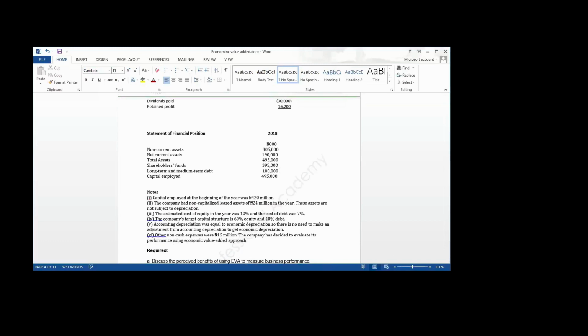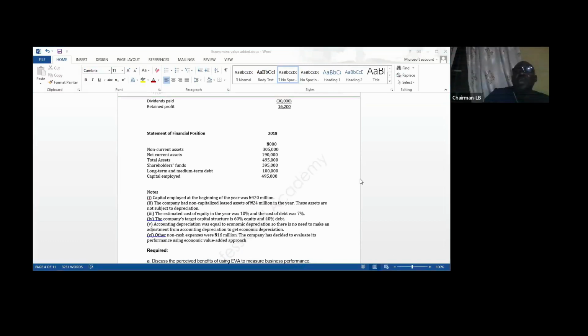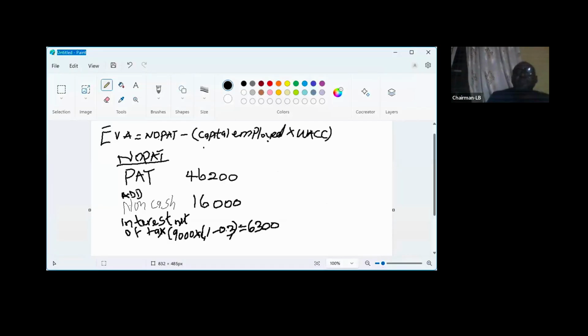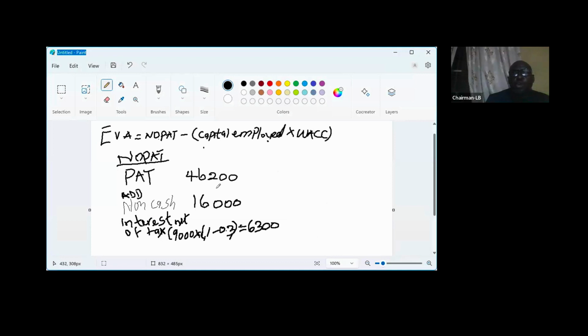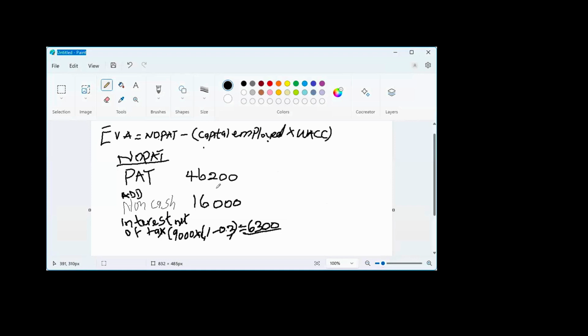In this question, only two adjustments will affect our NOPAT. Please look at it. You can get your NOPAT. Addition of 46,200 plus 16,000 plus 6,300.